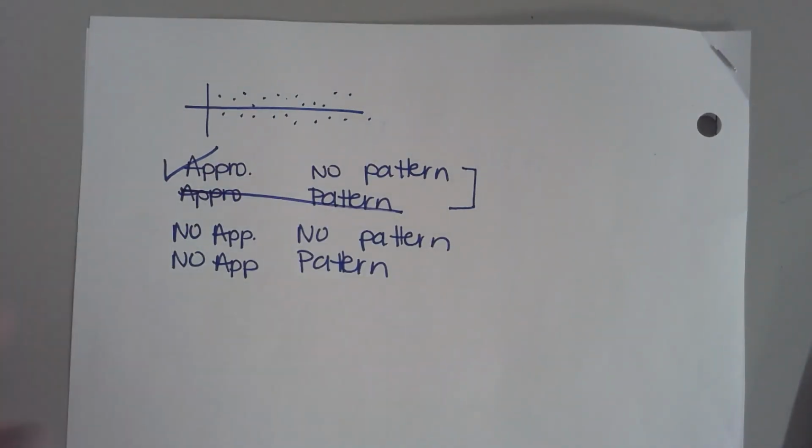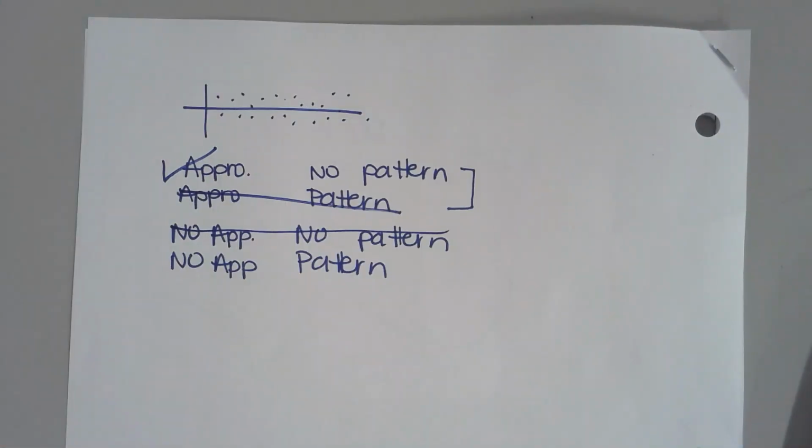Not appropriate and no pattern never go together, so cross that one off. If you see anything with residuals, and I think you will on the AP exam, just remember no pattern is appropriate. No calculations would be required. This is a get-this-question-right type of deal.